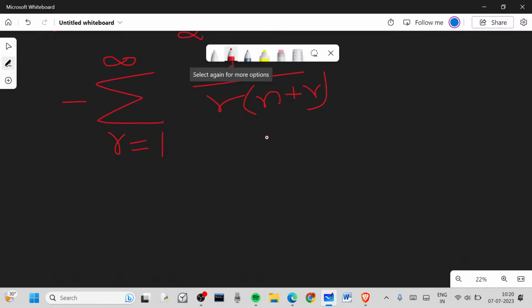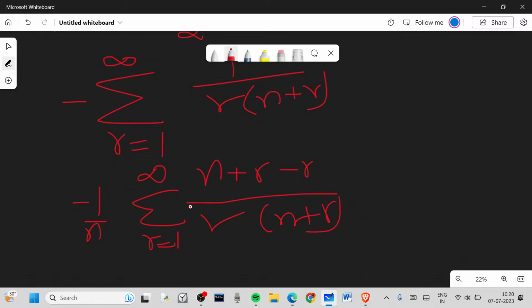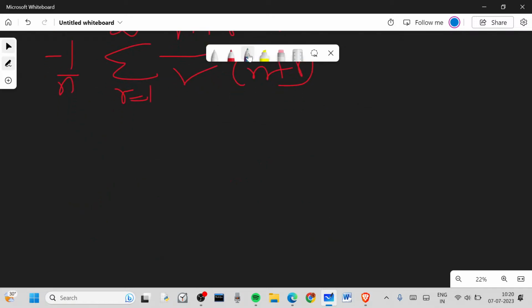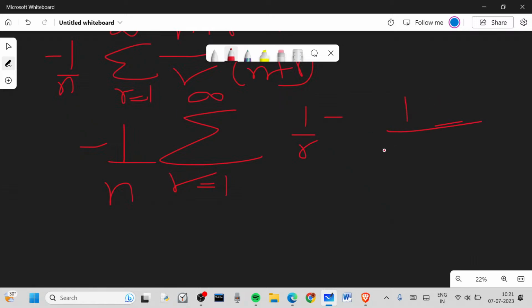So I would multiply by 1/n here: the sum from r equals 1 to infinity of (n+r-r)/(r(n+r)), and it's minus 1/n. The sum from r equals 1 to infinity of (n+r)/(r(n+r)) minus r/(r(n+r)), that is 1/r minus 1/(n+r), since the r cancels.